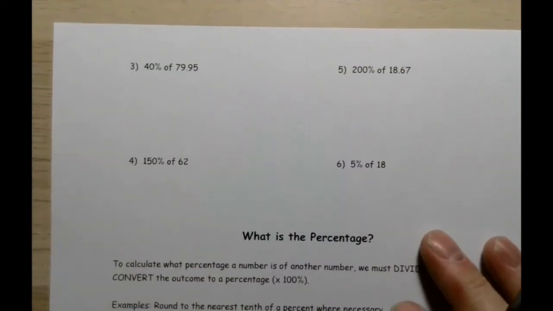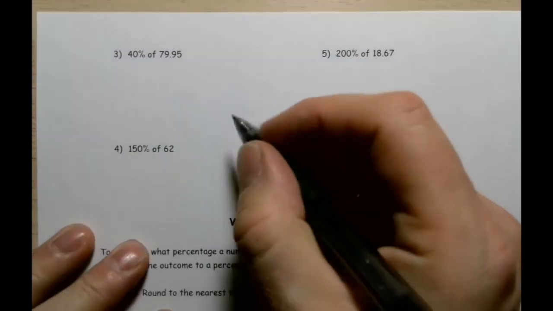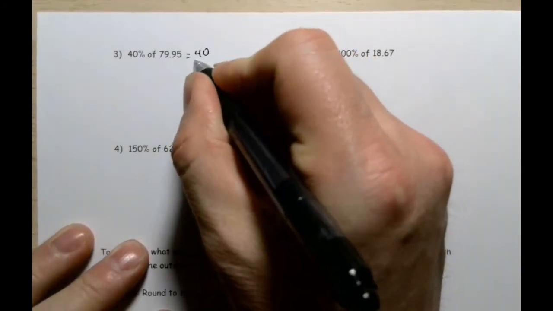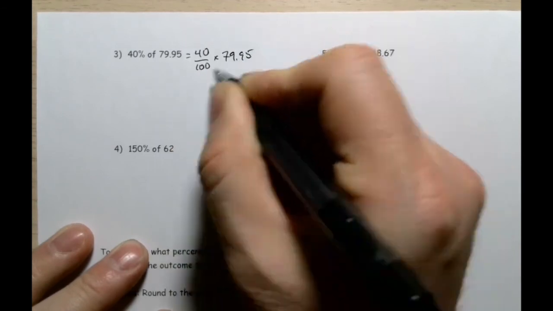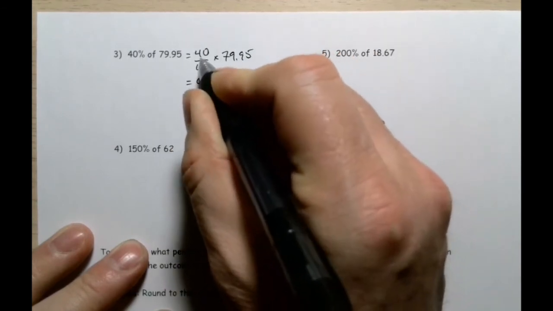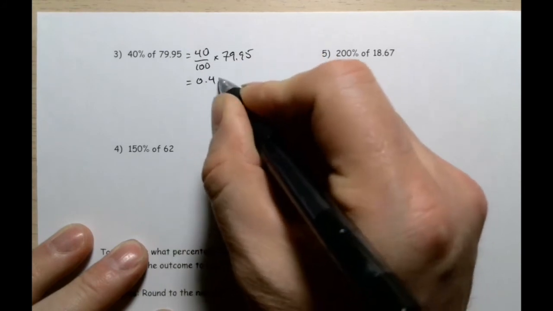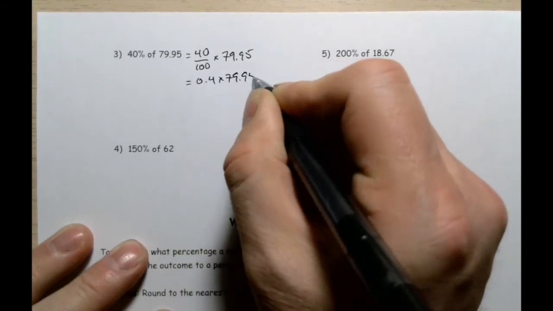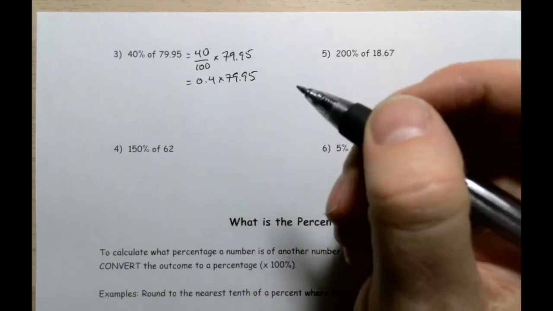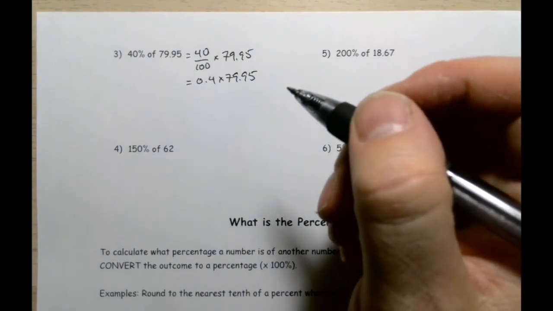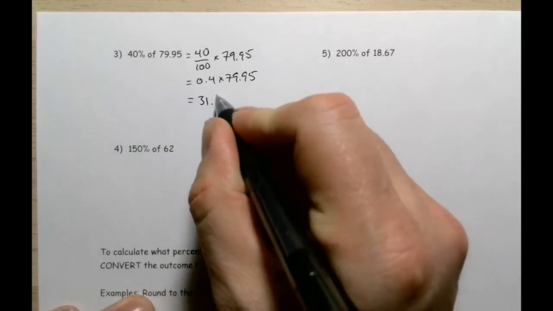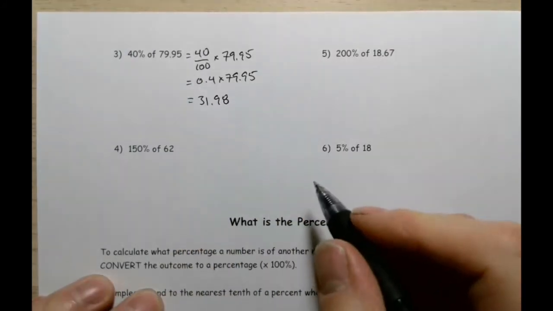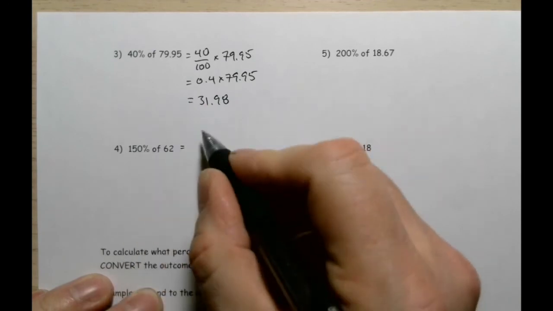Up here, 40% of 79.95. So that's going to be 40 over 100 multiplied by 79.95. Let's move the decimal 2 units over. So 0.4 multiplied by 79.95. And that becomes calculator work. And I get 31.98. 150% of 62.